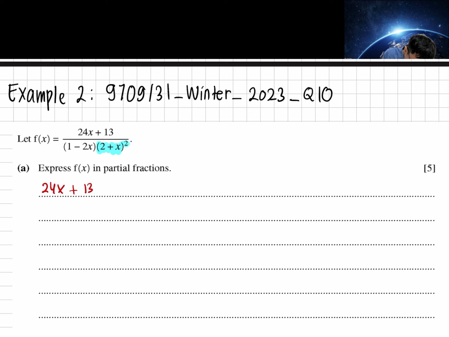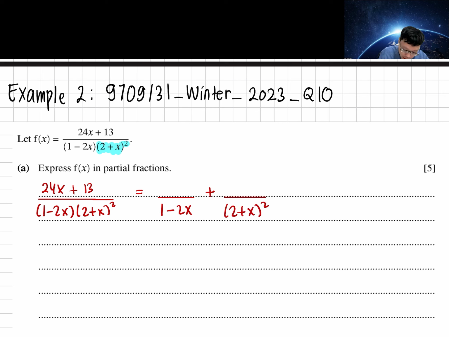(24x plus 13) divided by (1 minus 2x)(2 plus x) squared. When we decompose this, I will get the first term, obviously, 1 minus 2x. And the second one, we have (2 plus x) squared, but we have the third one, which is 2 plus x without the square.